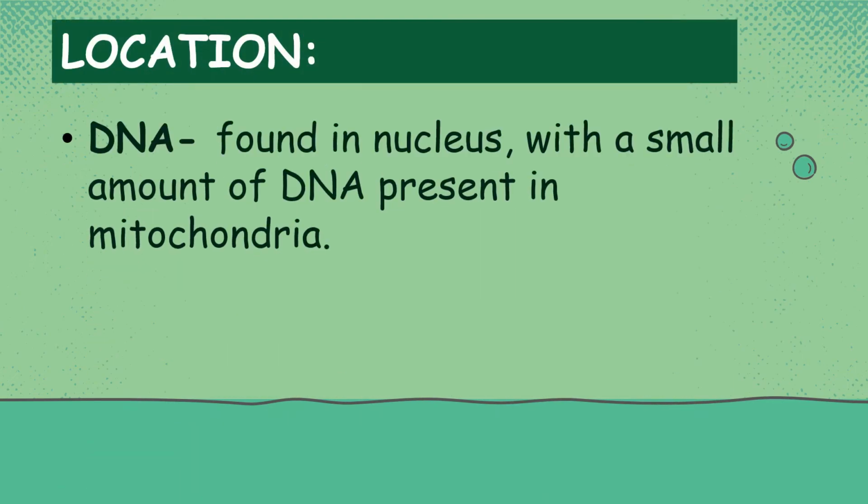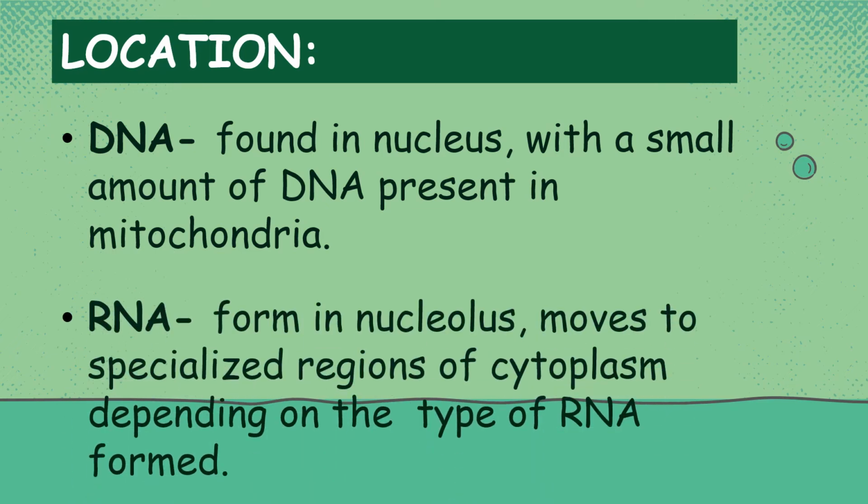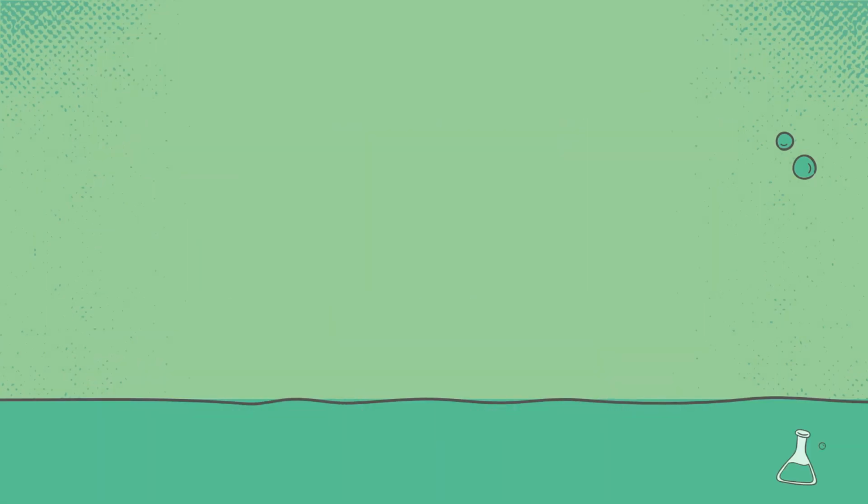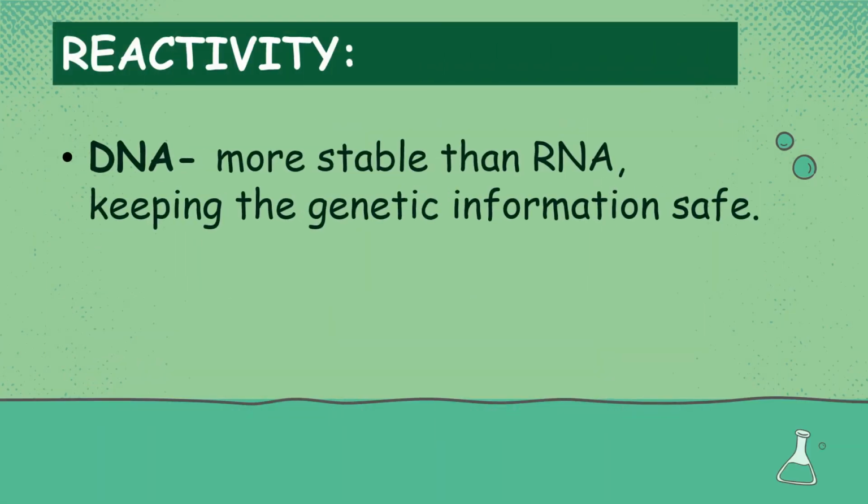In location, DNA is found in the nucleus with a small amount of DNA present in mitochondria. RNA is formed in the nucleolus, then moved to specialized regions of the cytoplasm depending on the type of RNA formed. In the reactivity part, DNA is more stable than RNA, keeping the genetic information safe.